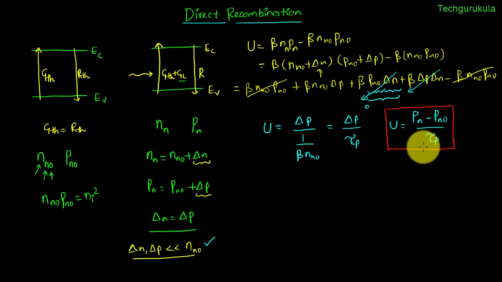Because the semiconductor is already in thermal equilibrium, it doesn't have to have this mechanism present. Now to understand this lifetime of minority carriers, let me take an example that we have a piece of semiconductor, whatever we assume.